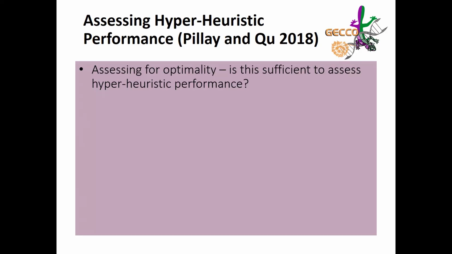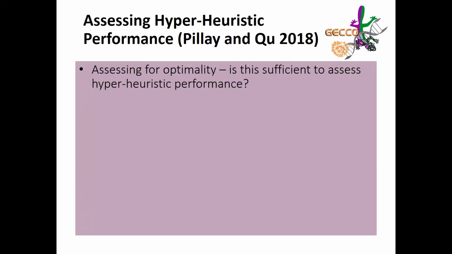And we need to somehow find a balance of both in order to examine the performance of a hyperheuristic. So if you look at hyperheuristics, what is their main aim? The main aim is to perform well over a set of problem instances. But at the same time, if you have something that generalizes well, but has very bad optimality, would you want to use it? No, right? You want a good balance between both of them.